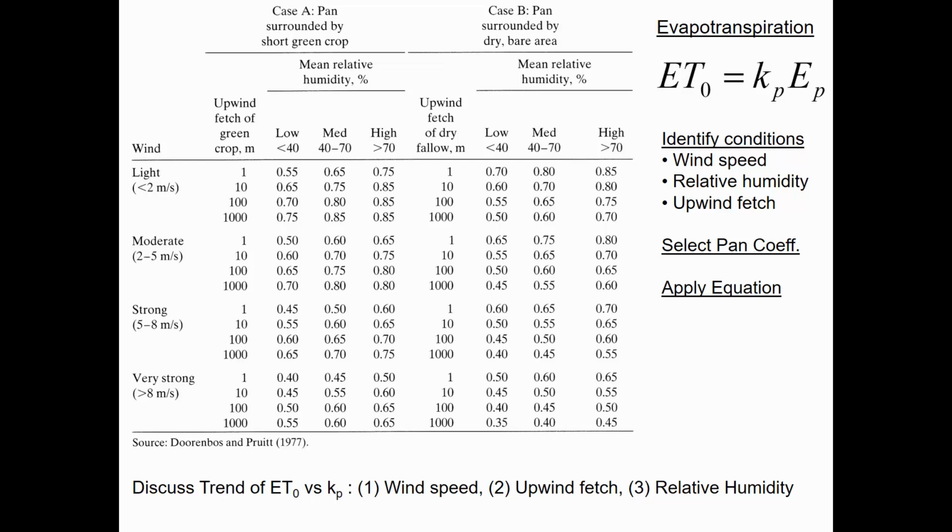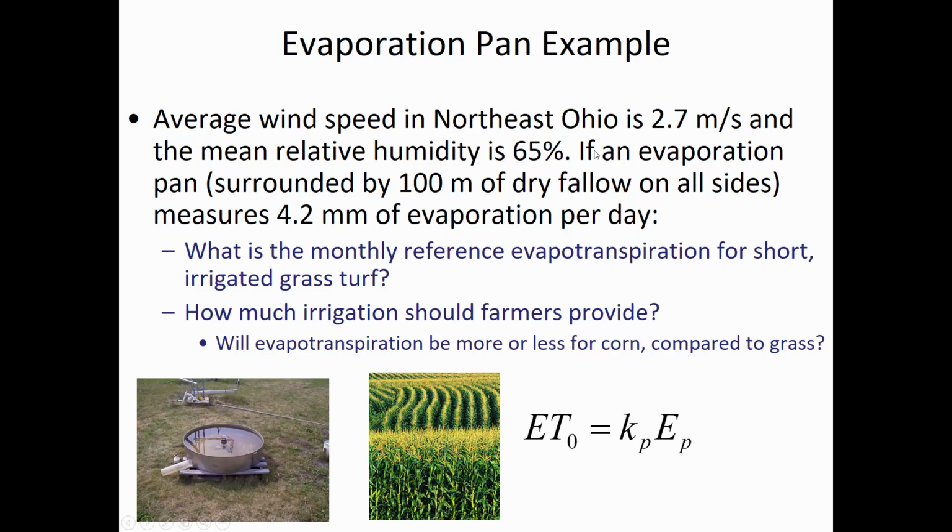So K sub P of 0.60 means that the actual evapotranspiration is going to be 60% of what the pan is experiencing. Okay, so E sub T naught is 0.60 of the 4.2 millimeters per day.